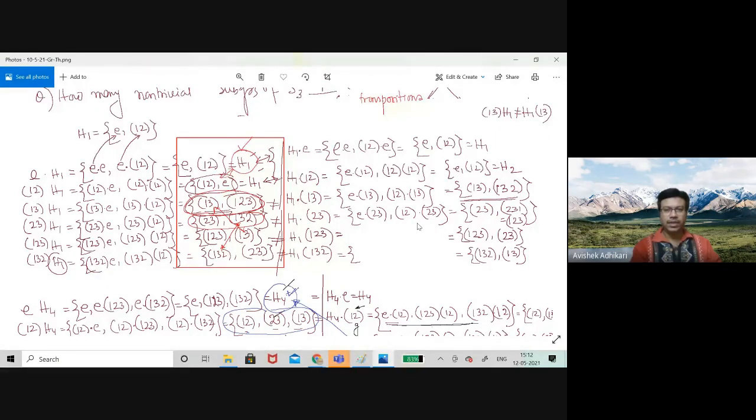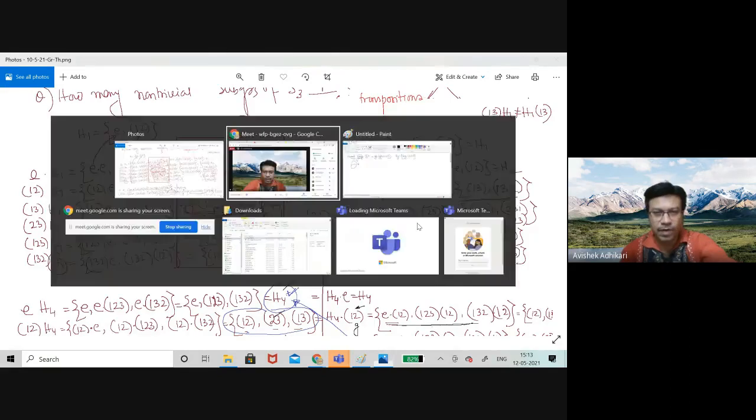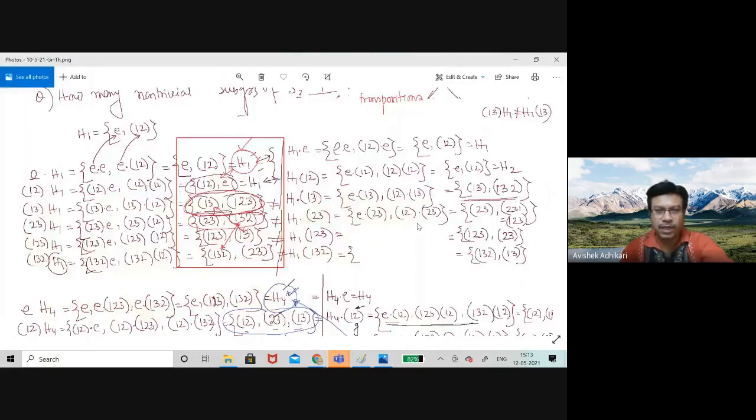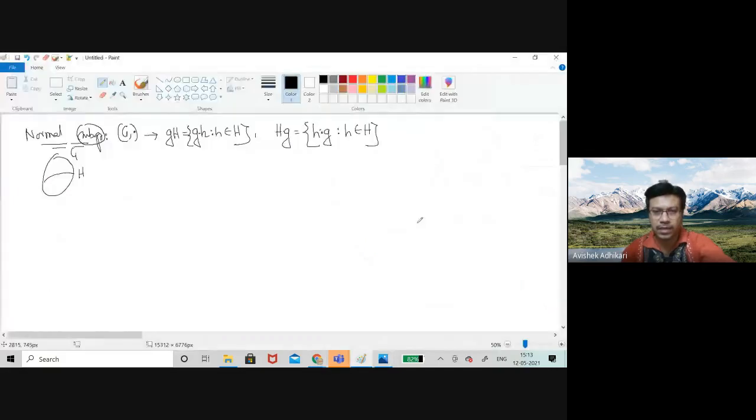Similarly, if I take the same H1 and multiply it from the right with all the elements of S3, we again initially get 6 right cosets, but if you look carefully, exactly 3 distinct right cosets are there. So that is the meaning of left cosets and right cosets that we have already seen in our last class.